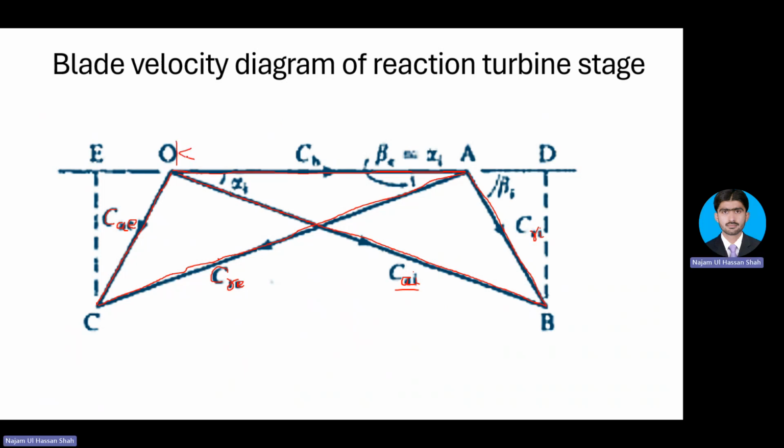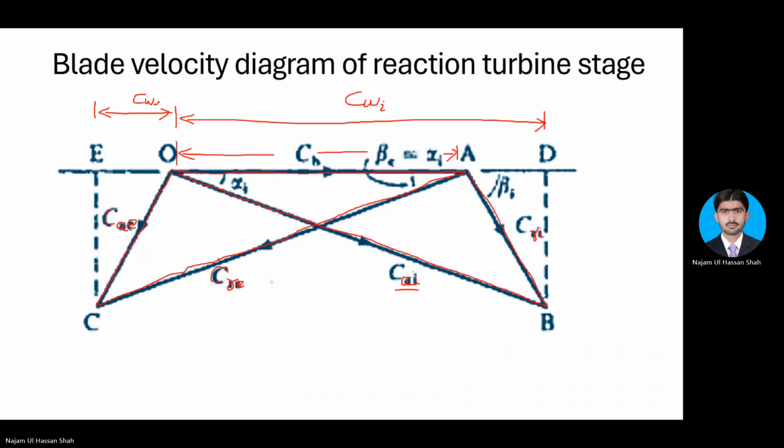And this length is CB, from O to A. We can also mark the velocity of whirl components. From O to D is the velocity of whirl component of inlet velocity, CWI, and from O to E is CWE. Combined, this is delta CW.